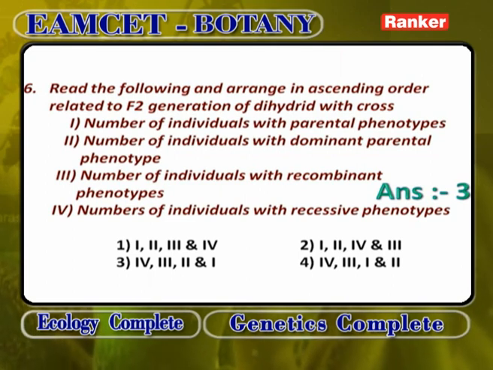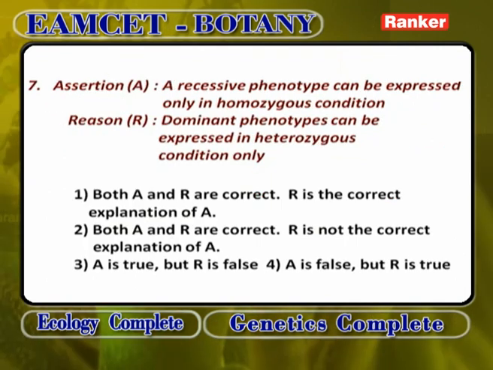Then third, the number of individuals with recombinant phenotypes. Then second, the number of individuals with dominant parental phenotypes, then the number of individuals with parental genotypes. So the answer is 4, 3, 2, 1.